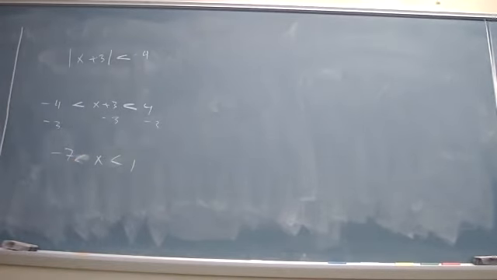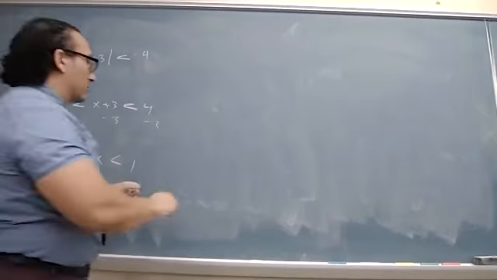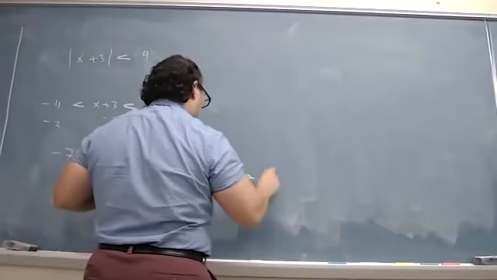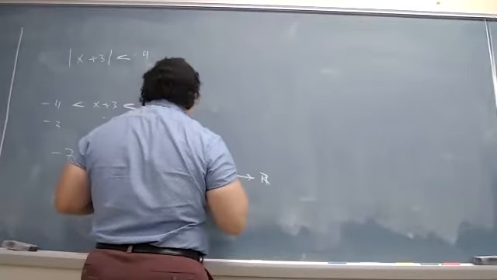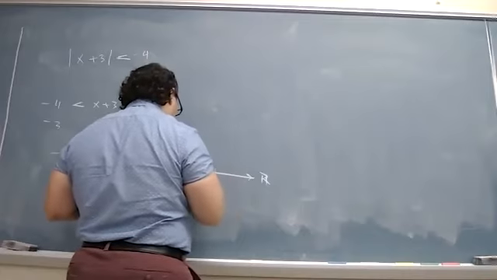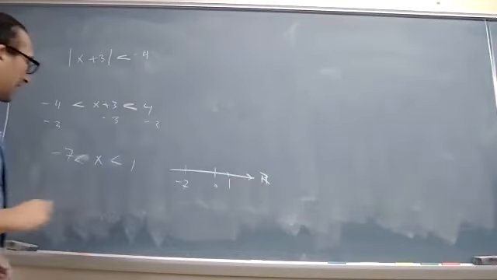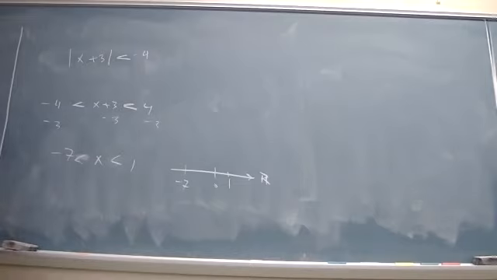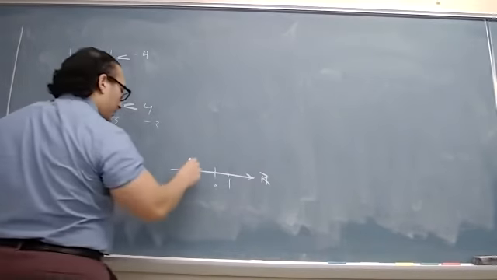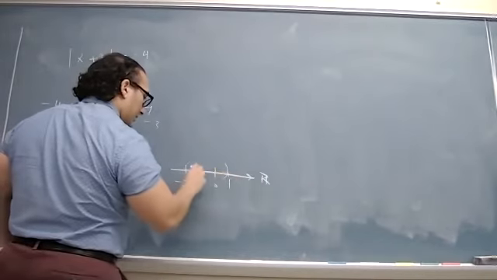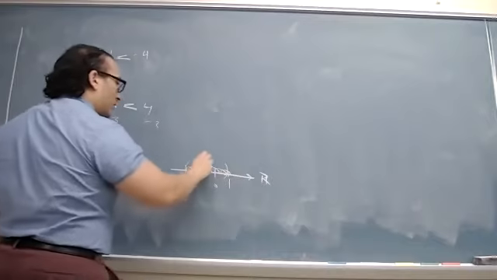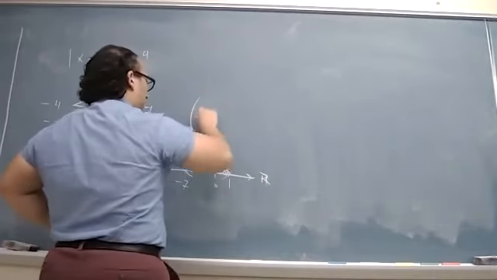Now we'll draw out a real line here. Here's our 0. Where are our other points of interest? There's this -7 over here, and there's 1 over here. And x ranges between these two, and it doesn't include them. So it's this and this. So this interval can be expressed as such.